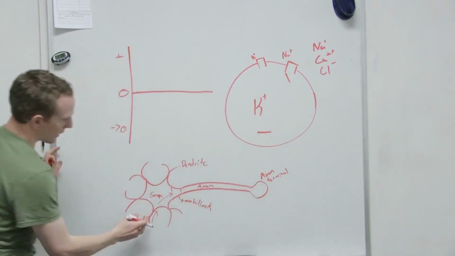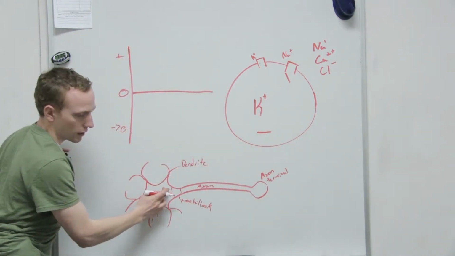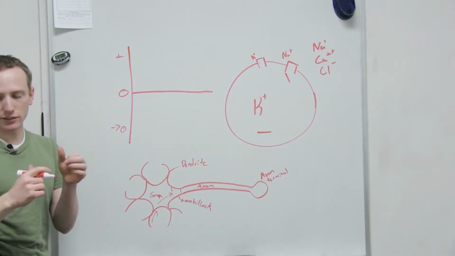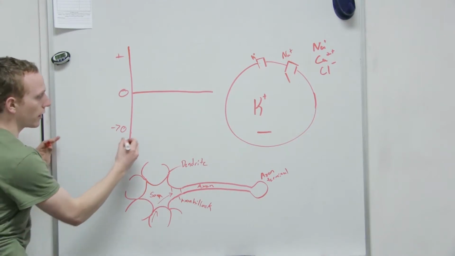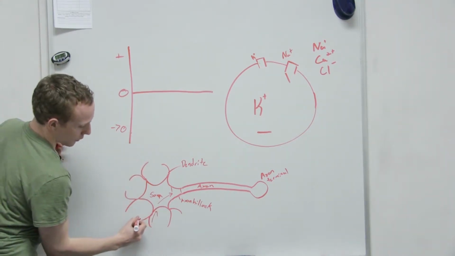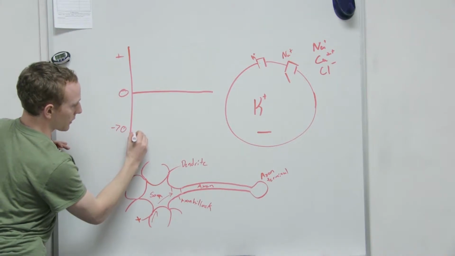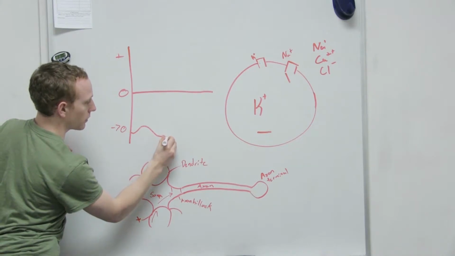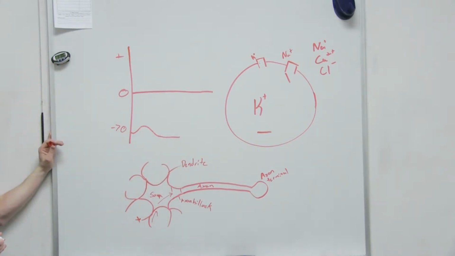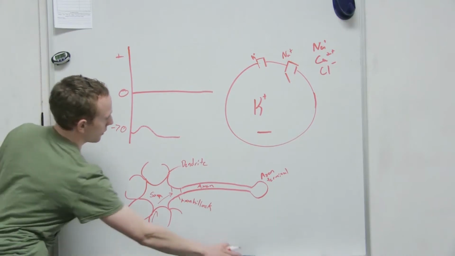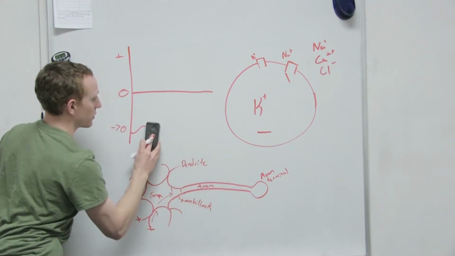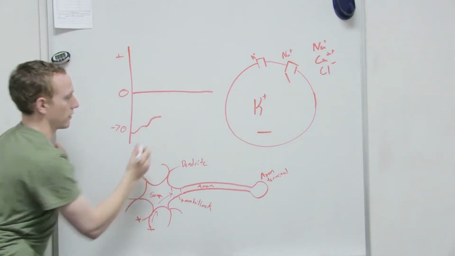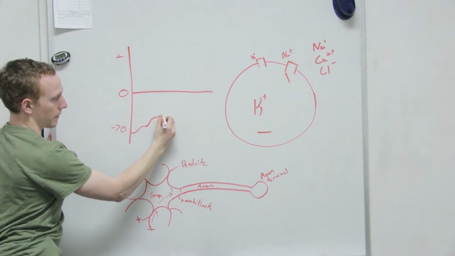So with graded potentials, they can dissipate as they travel, because there are different leak channels and things like that that start to balance out the charges. Say we just got one positive thing right here. What'll happen is it goes up, but then as it's traveling, it goes back down. But if we have two positives right here, it can summate, just add more.